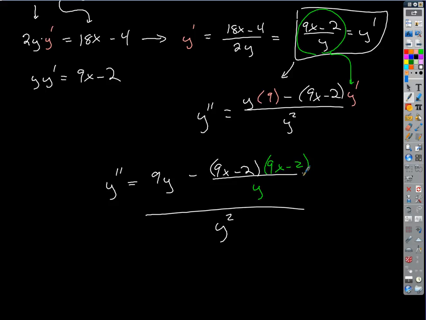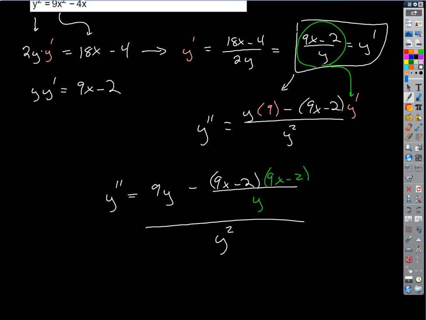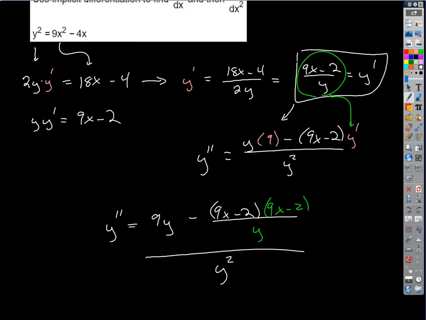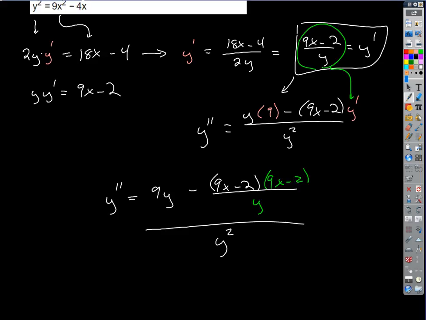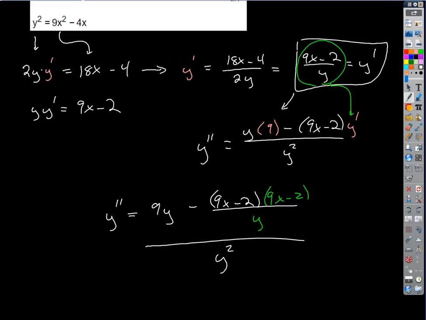Question real quick. Is there any advantage in putting the y squared back into the problem? Because we already know what y squared is. We know it equals 9x squared minus 4x. That's interesting. I don't think so, and here's why I'd say no. I mean, it's actually a really good idea.